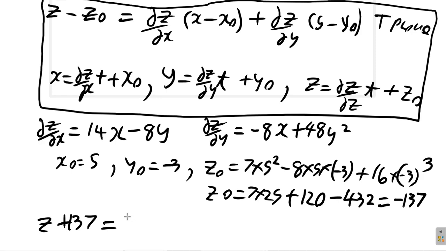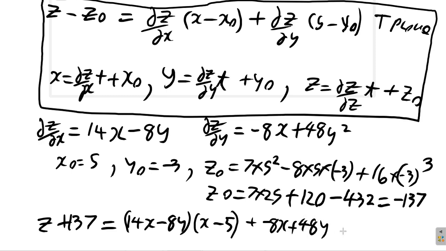We'll soon substitute it, but let's put it there: 14x minus 8y times x minus 5, plus delta z by delta y, which is negative 8x plus 48 y squared, times y minus y naught. Alright?